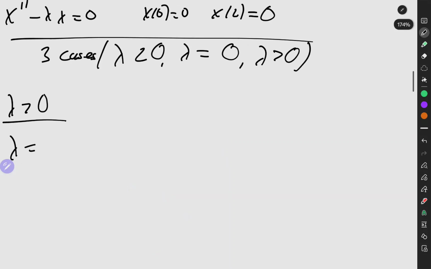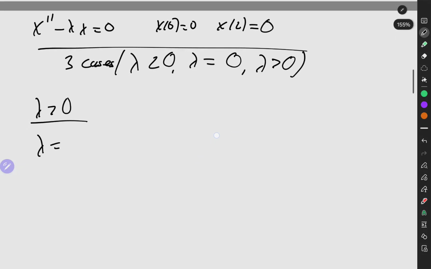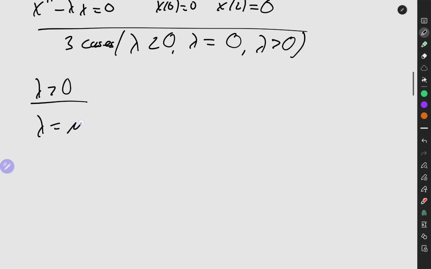So we can just call it mu squared. Mu just being some arbitrary value, right? No matter what mu you have, lambda is positive. So now, let's plug that into our ODE, and we're left with this, right? We just plugged that in for lambda.